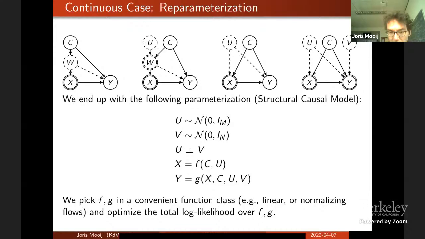And if you then calculate the density of x, conditional on c, you'll get things like the Jacobian of f and the inverse, perhaps. So the nice properties of normalizing flows are that you can easily calculate their inverses and the Jacobian and their inverse Jacobian. So basically that allows you to easily do maximum likelihood with these functions.